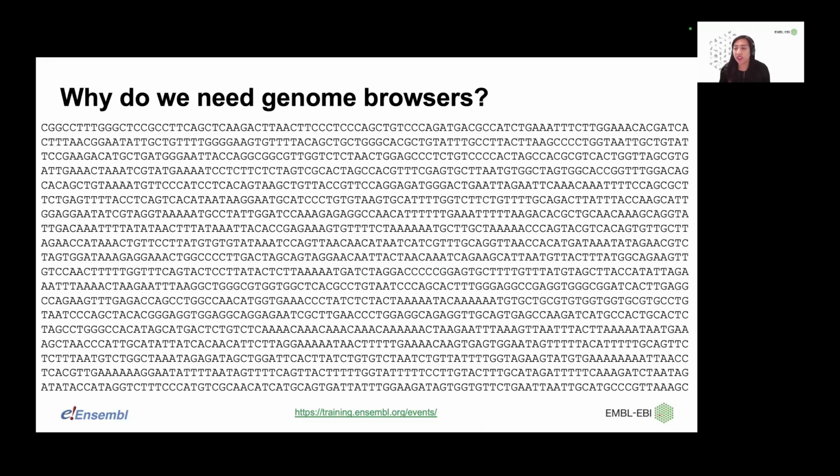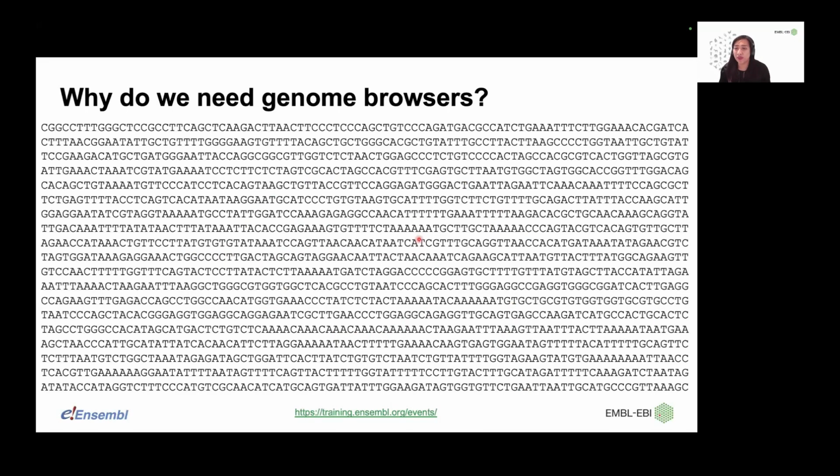But why do we need genome browsers like Ensembl? Sequencing has become much cheaper and faster. And because of that, genomic data is quickly piling up. And when sequencing data is produced, you get something like this. You just get a bunch of A's, T's, C's, and G's.